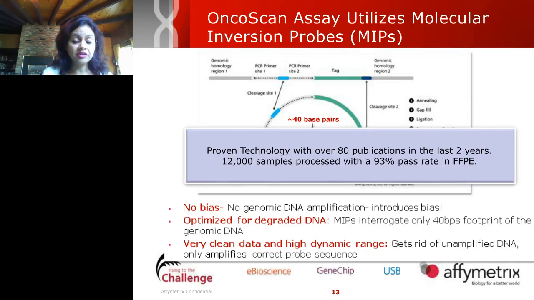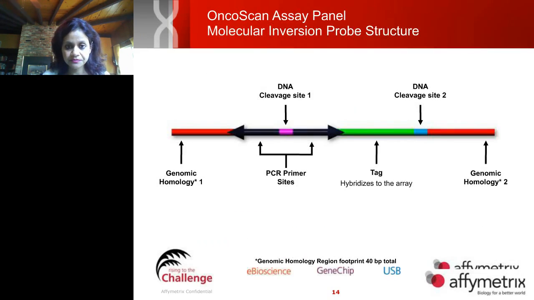Before that, I want to remind the listeners that although the current OncoScan kit in its kit form is new, this is a proven technology, and this has been offered via Affymetrix's research labs for the last few years, with over 80 publications in the last 2 years, and over 12,000 samples have been processed with a 93% pass rate in FFPE. So the technology is proven, and it has had several publications in the last couple of years.